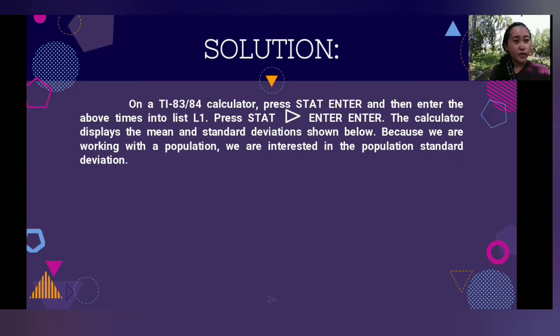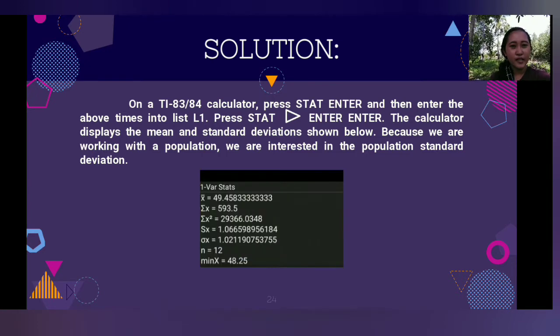Because we are working with the population, we are interested in the population standard deviation. So here is the answer. For the mean, we have 49.4583 and so on. For the sample standard deviation, we have 1.066598 and so on.